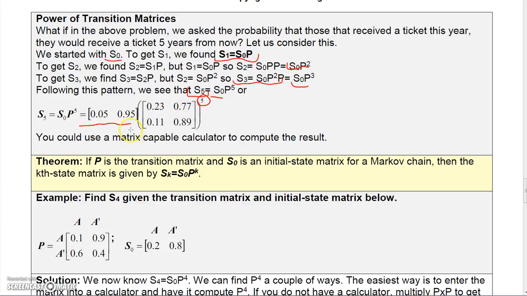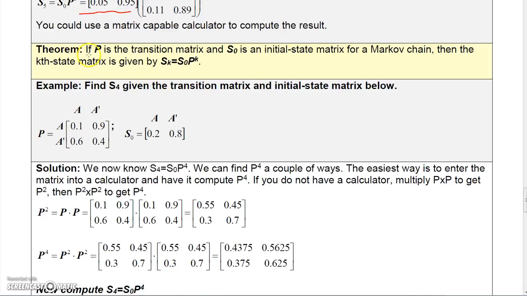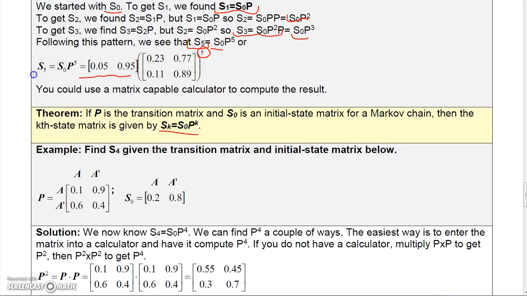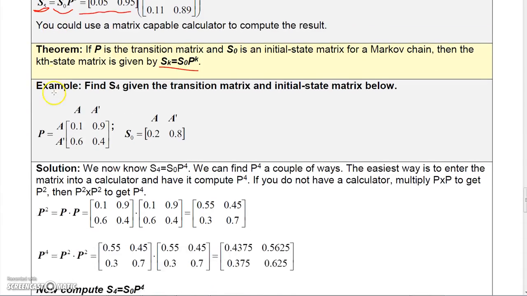And actually, you can use a matrix-capable calculator to compute that, but that's how you would calculate S5. And this leads us to a theorem that says if P is the transition matrix and S naught is the initial state matrix for a Markov chain, then the kth state matrix, Sk, is S naught times P to the k. So just like up here, the 5th state matrix was S naught times P to the 5th power.